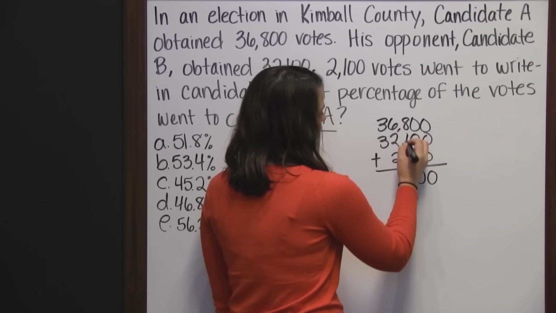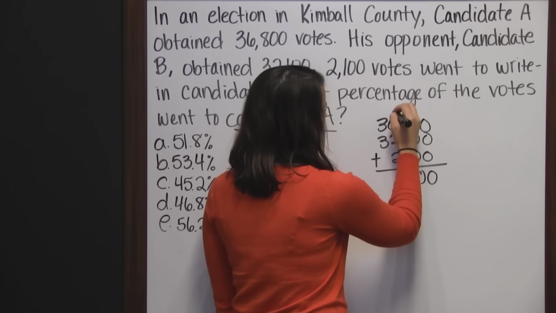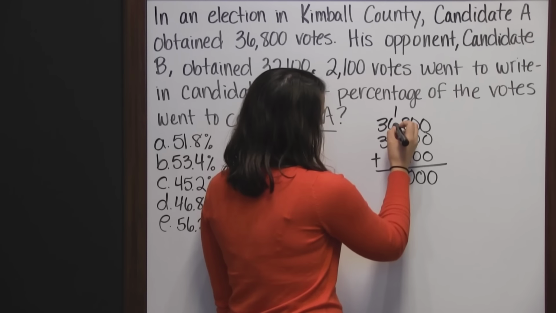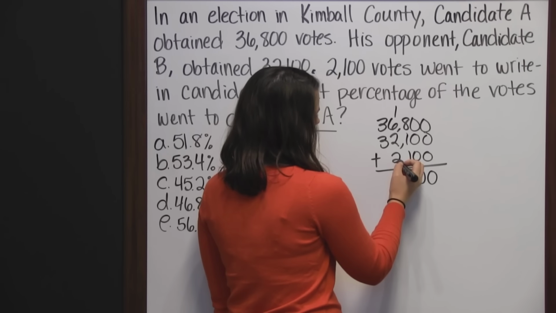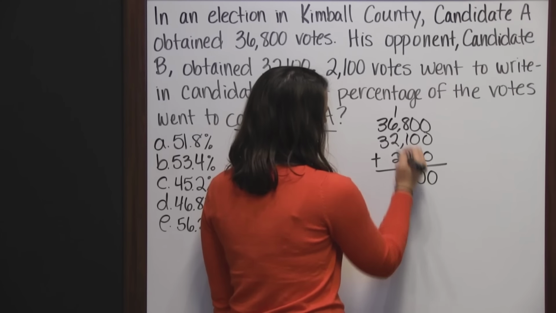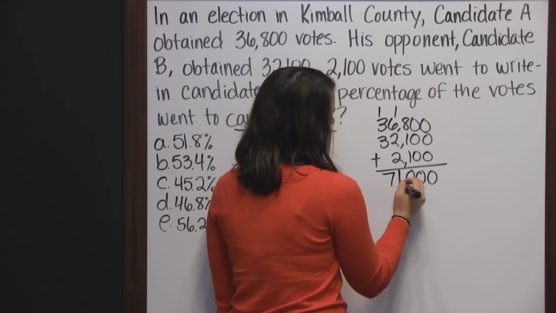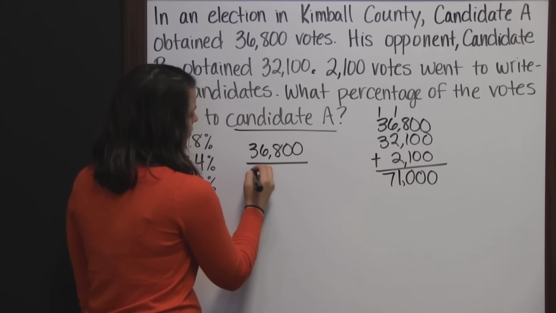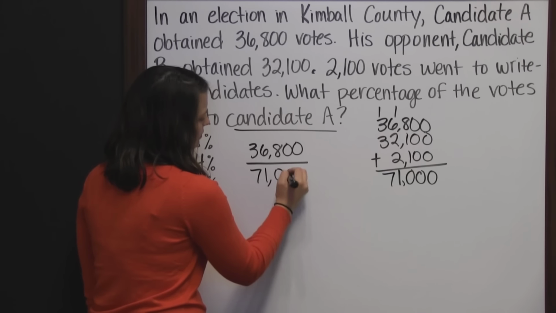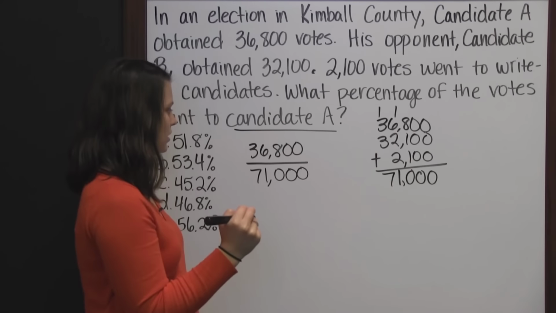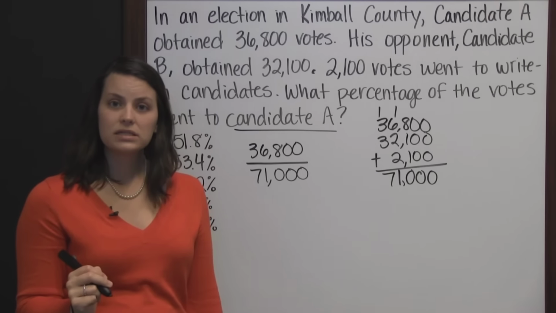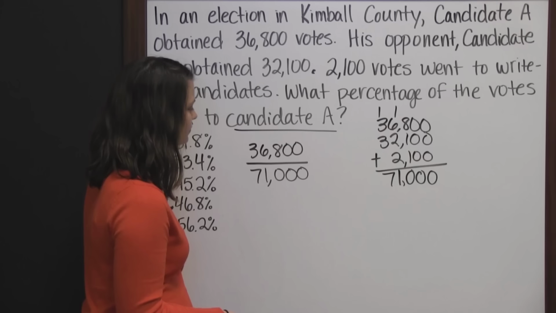Then we have 8, 9, 10, so that's a 0, carry the 1. We have 6, 7, 8, 9, 10, 11, carry the 1. And we have 3, 6, 7. So that means there were a total of 71,000 votes.